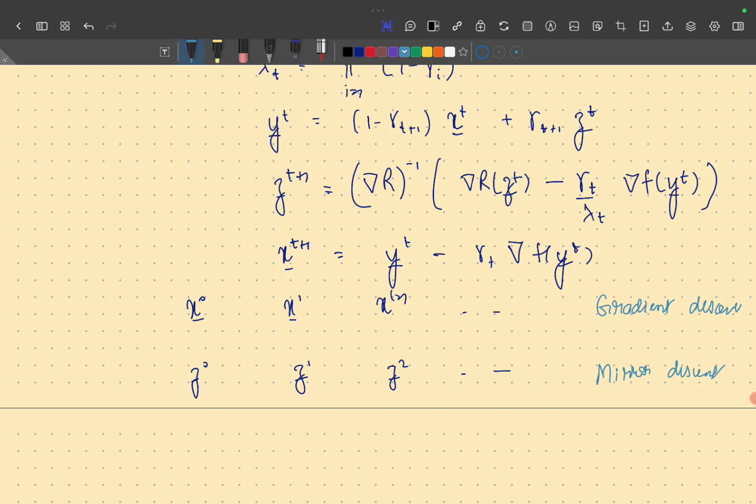The xi's are going to be produced using gradient descent, and the zi's are going to be produced using mirror descent.